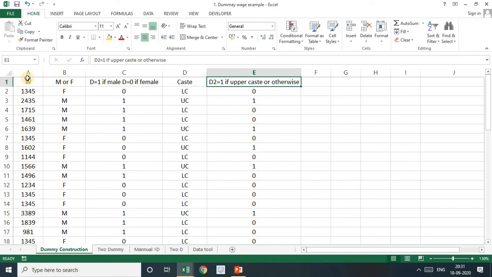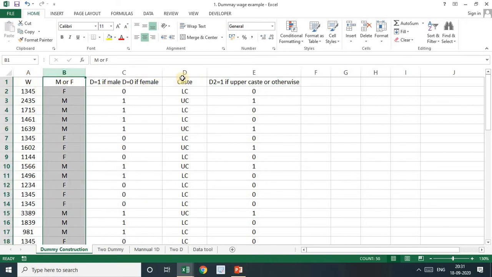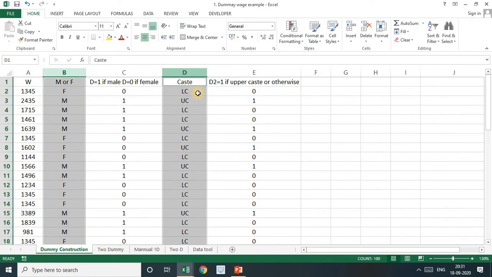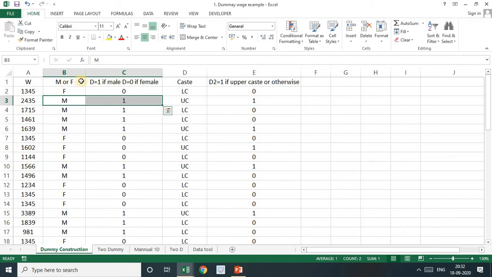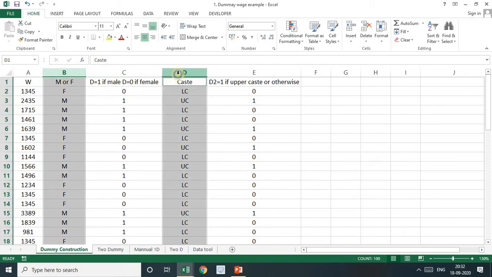Okay, so look at the first variable. I am just removing this column. Just see that I have assigned 0 for lower class and 1 for upper class, 0 for female and 1 for male. Now let me remove these two columns.